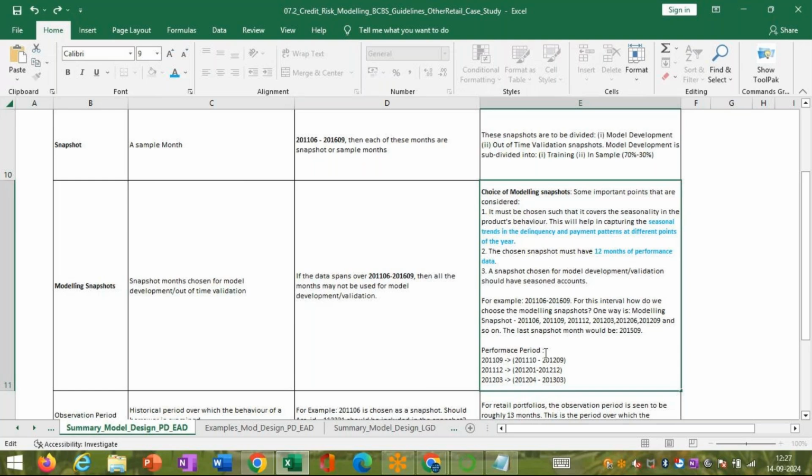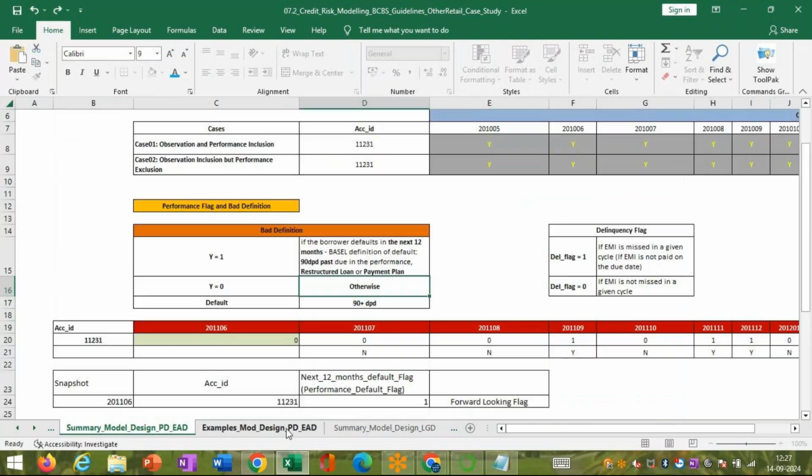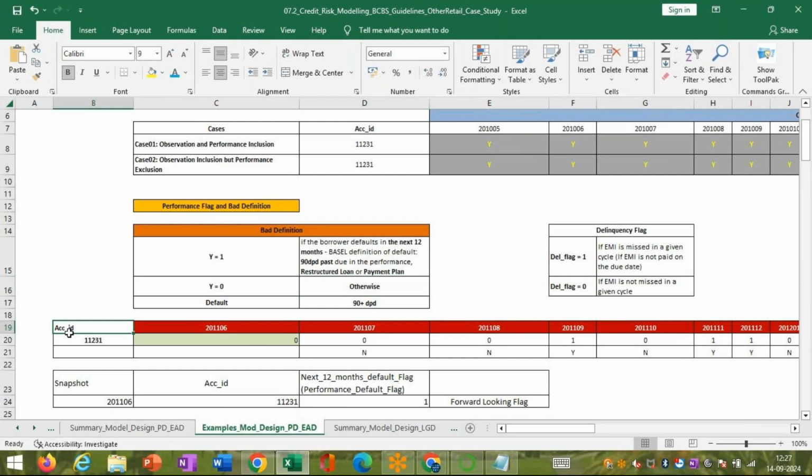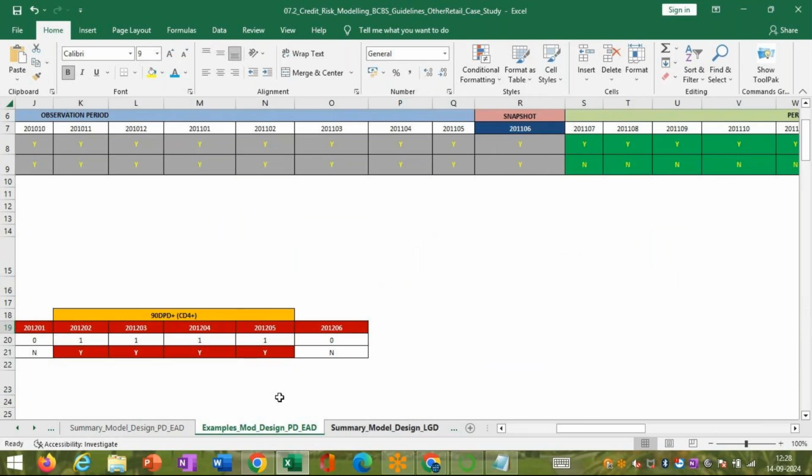Otherwise, if that is not available, then the performance default flag will not be created. We will not be able to create the performance default flag, like the way we had explained in the last session. We had explained the creation of the flag, right? So whether the 90 DPD has been satisfied.